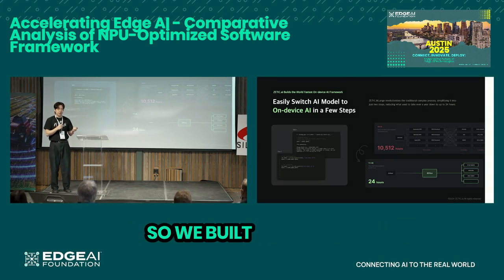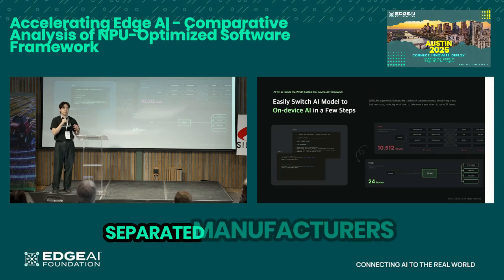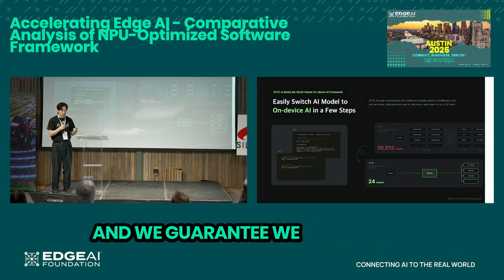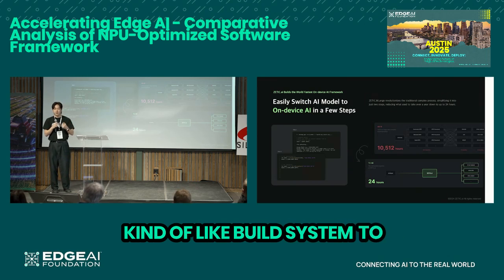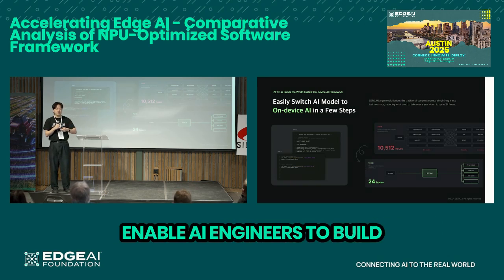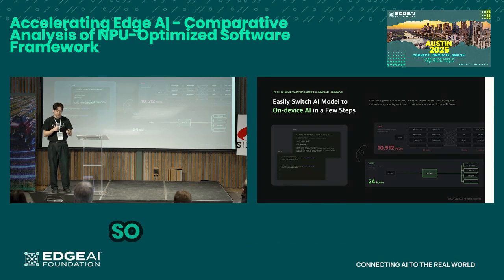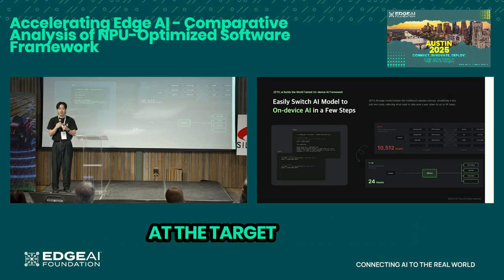We built an automated pipeline to build for the separate manufacturers' devices and SDKs all together, and a build system to enable AI engineers to build end-to-end on-device AI easily within a very short time. We provide simple two steps to build an AI model runnable at the target devices.